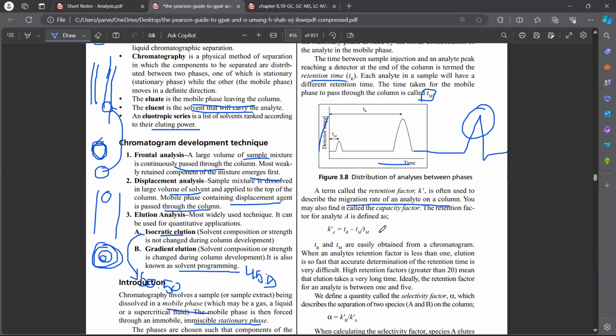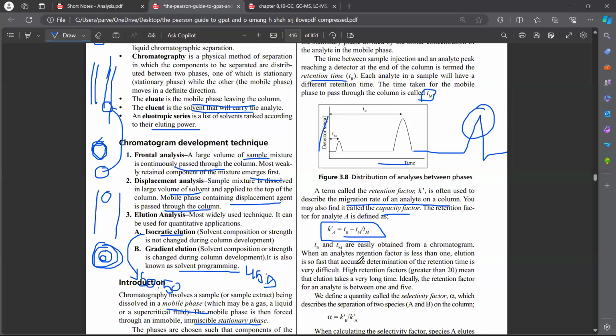It is also called the capacity factor. The retention factor is equal to TR minus TM by TM, where TR and TM are the retention time and the retention time of the mobile phase.